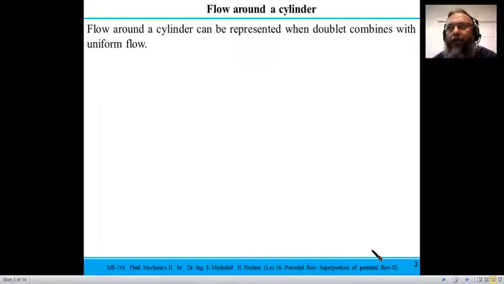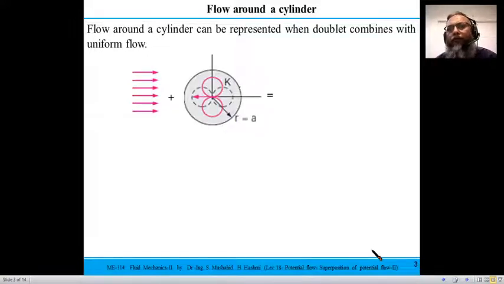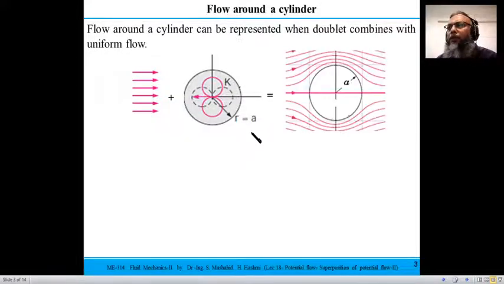Okay, start with the flow around the cylinder, which can be represented by superimposing the doublet with uniform flow. So you have a uniform flow on the left hand side, and you have a doublet where the strength of the doublet is K, and if you combine them together, it would be a situation where you have a cylinder of radius a, and there is a flow over the cylinder.